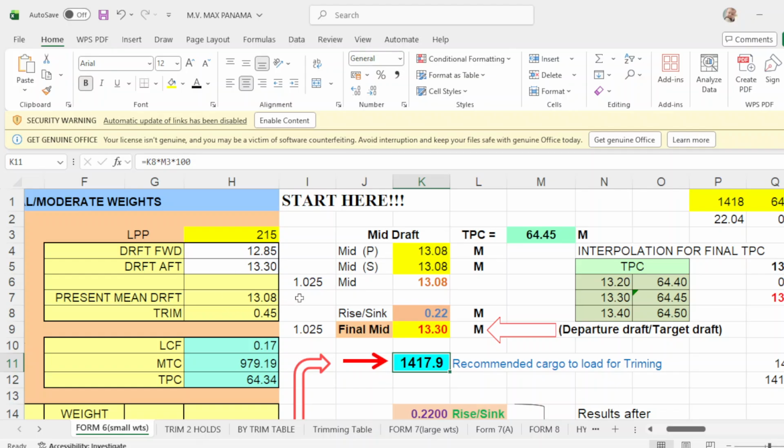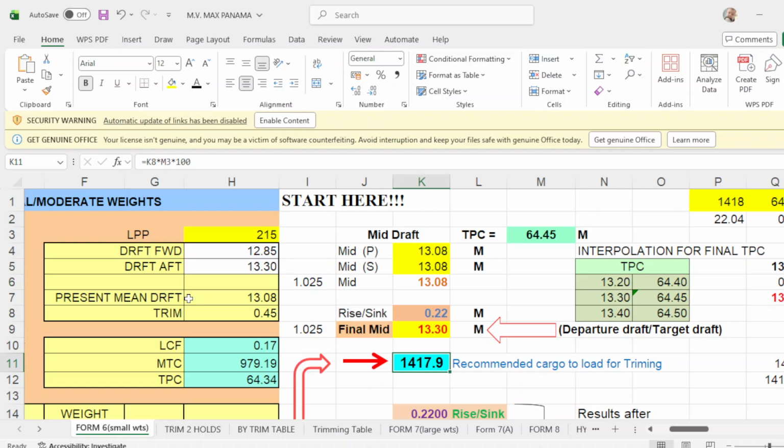So, for example, upon reaching this draft, the foreman advises the chief officer that he will stop loading and will be waiting for the remaining cargo to load. The draft surveyor is on board and is waiting for the operations to stop.